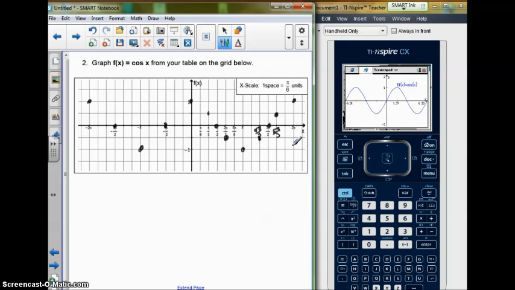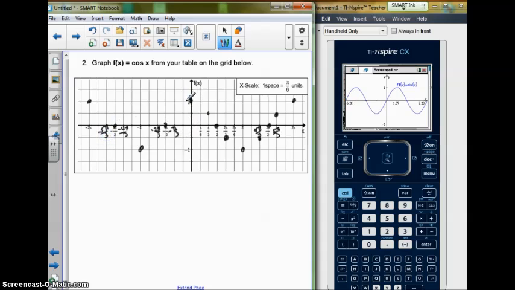Then going in the other direction, at negative pi over 3, and 2 more would be negative 2 pi over 3, and 2 more is pi, and then 2 more is negative 4 pi over 3, and 2 more is negative 5 pi over 3.